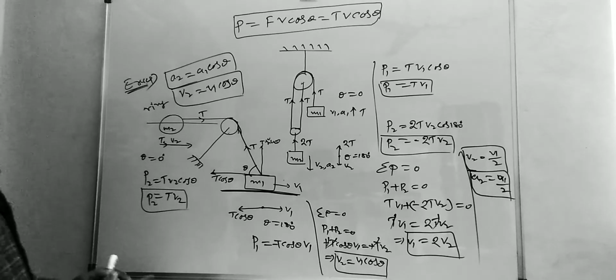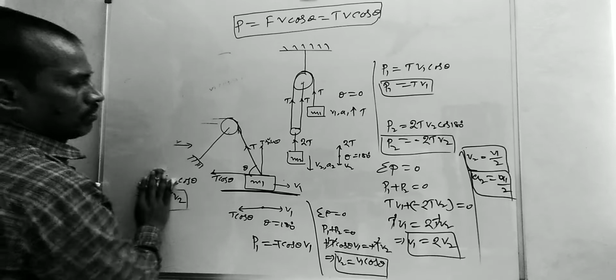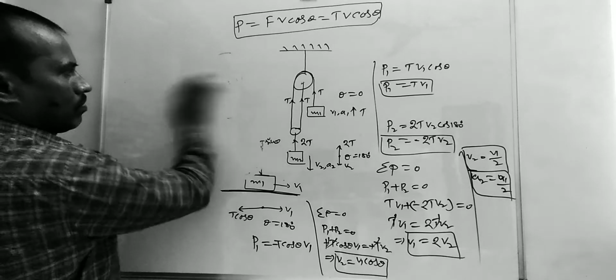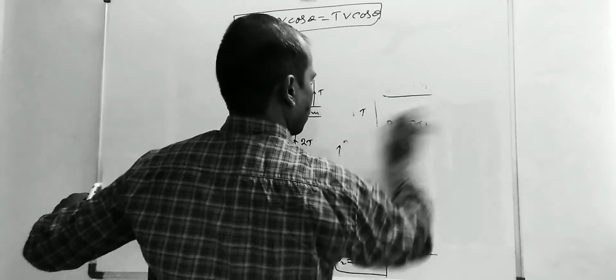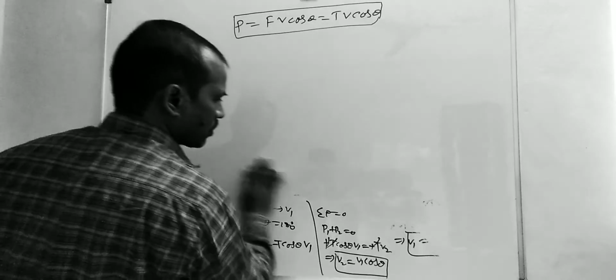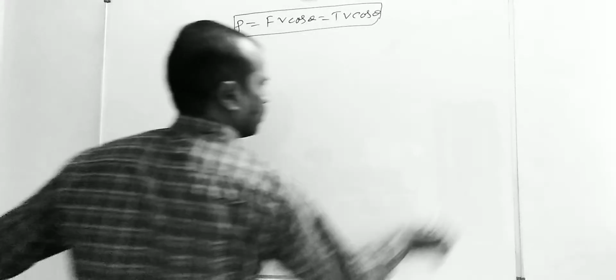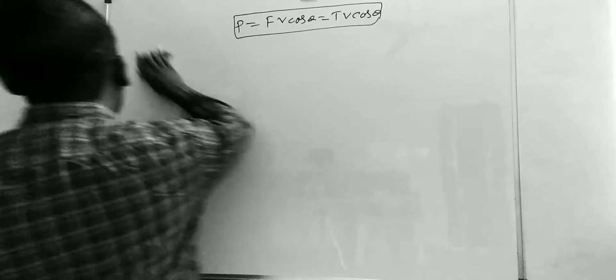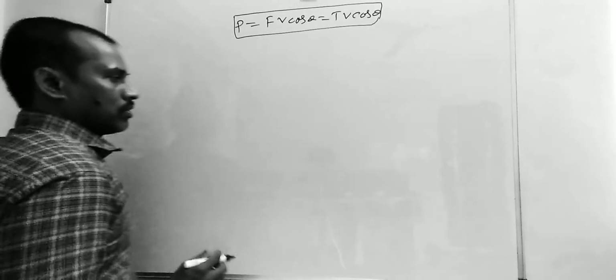Okay, now the next example, example 5. Here there are three blocks, M1, M2, M3: two blocks placed on the surface and one block suspended from the string.